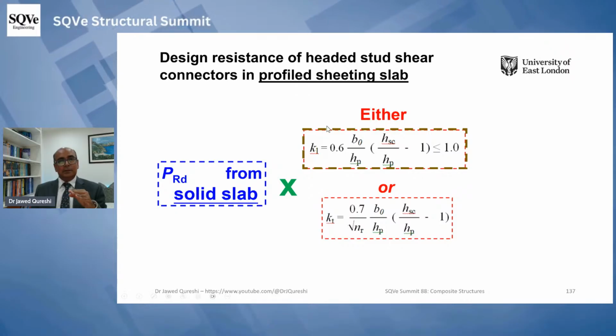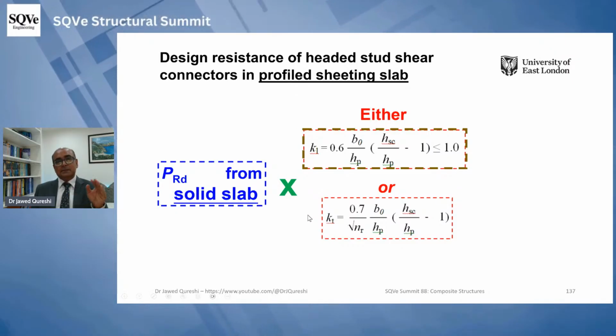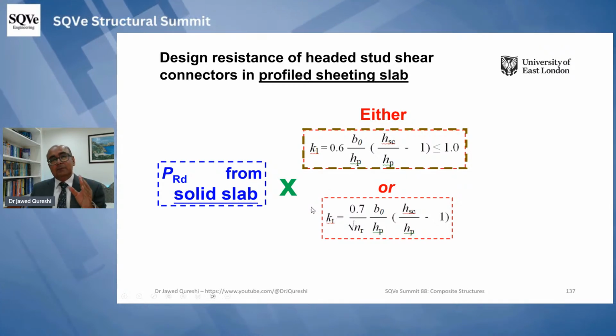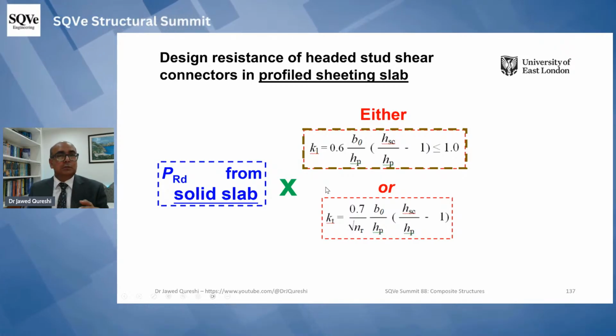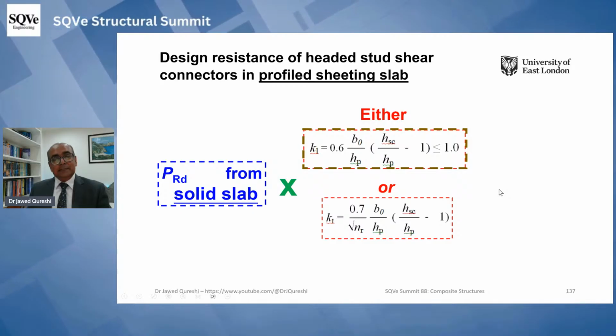For example, if it comes out to be 70 kilonewton in case of steel stud failure, and 50 kilonewton in case of concrete failure, then you choose the lesser of these two. It means the capacity will be 50 kilonewton. In that way, we work out shear stud resistance.